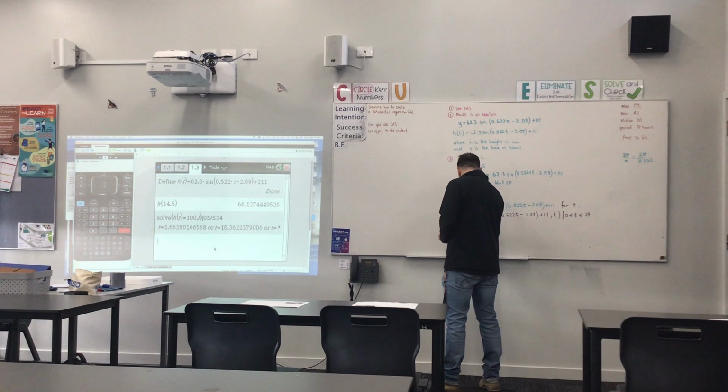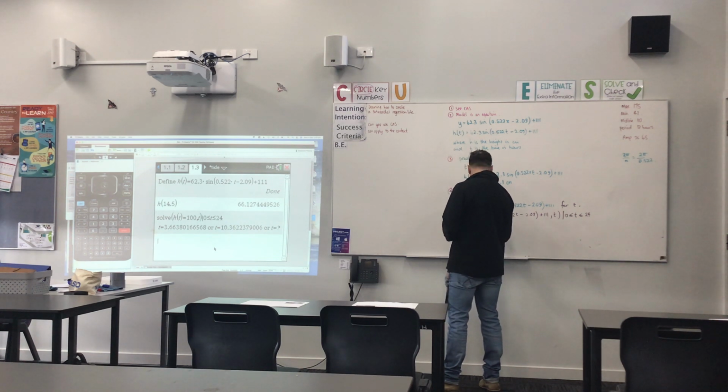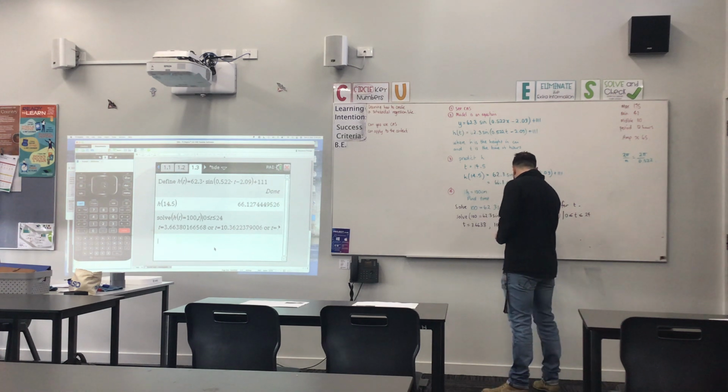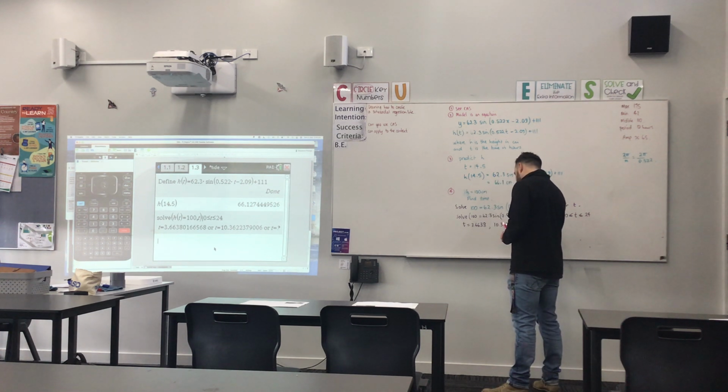T equals 3.66. Give me 4 decimal places. What's the next one? Correct. Is it on your calculator? Is your calculator in degrees?